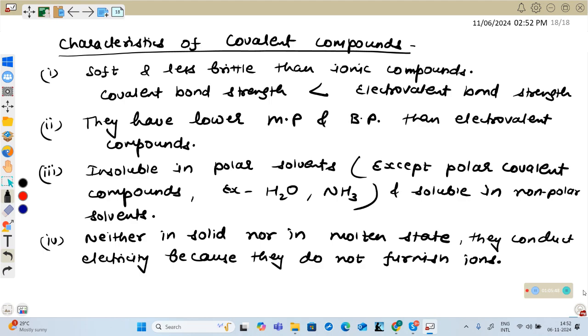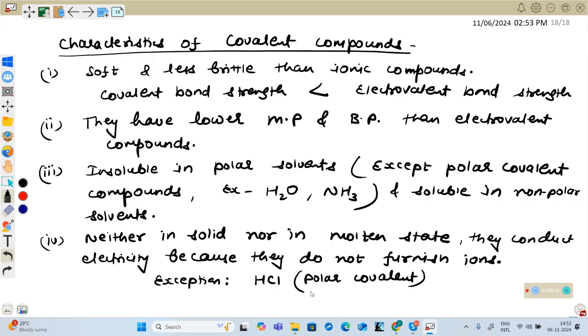Okay, but there are exceptions to this. Certain polar covalent compounds like HCl, when dissolved in water, furnish ions. Exception: HCl, which is polar covalent. Polar covalent means the shared pair is more directed towards one atom, which is more electronegative.